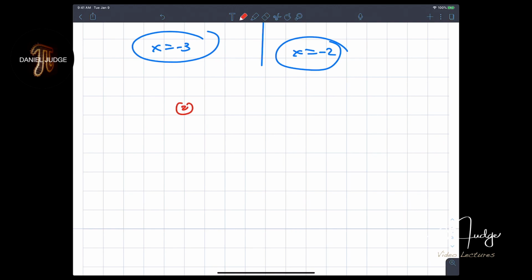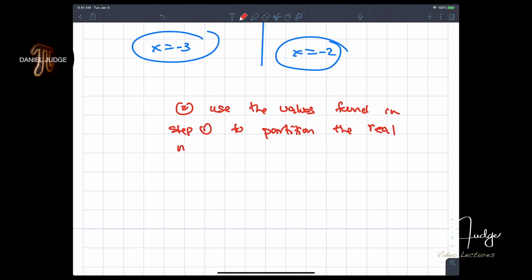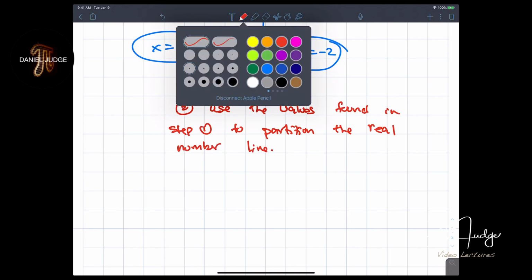The second step is I'm going to say, use the values found in step 1 to partition the real number line. So you can partition the real number line.